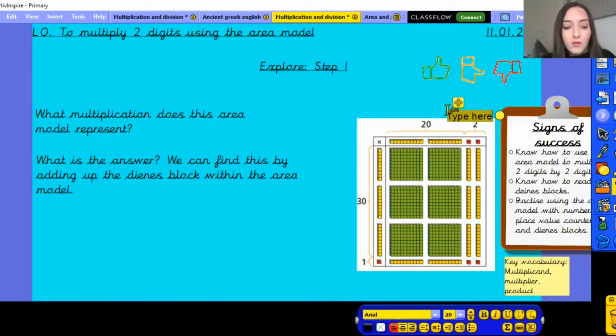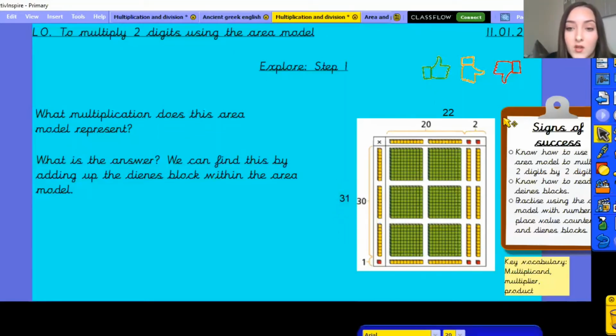So then we know when we add those together, we have 22. Okay, and now let's look at the side. So here we have 31 because we have 3 lots of 10 and 1 one, which is 31. So now we know that this area model is showing 22 times 31.